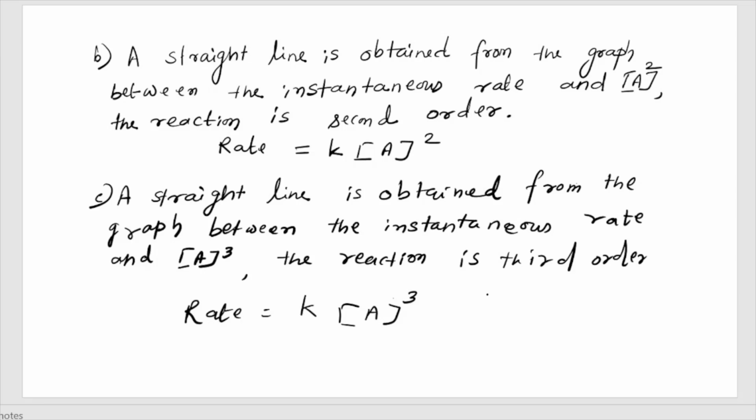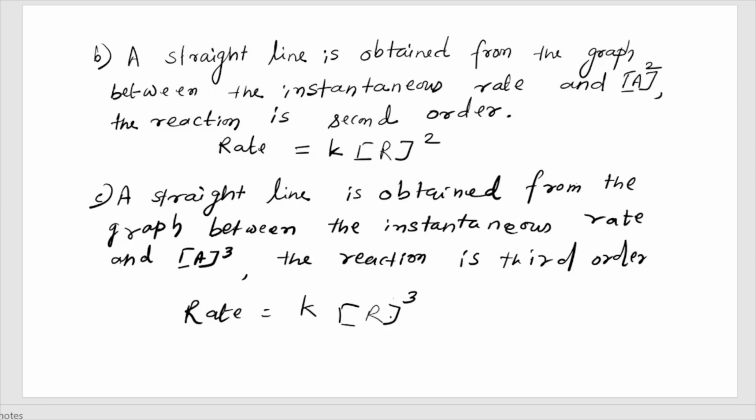Similarly rate equal to k, here you can write r also, instead of A you write r. So r means reactant. It was earlier in the form of A, but nowadays it is in the form of r.